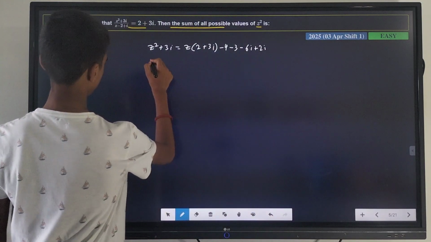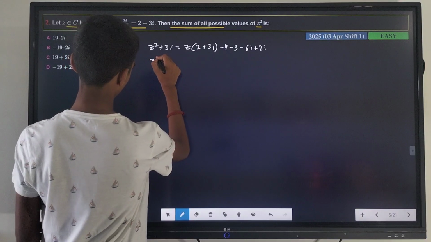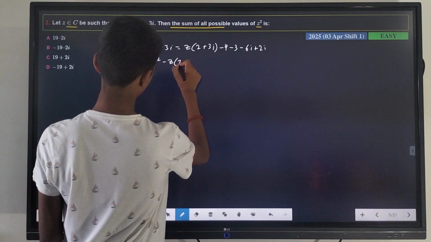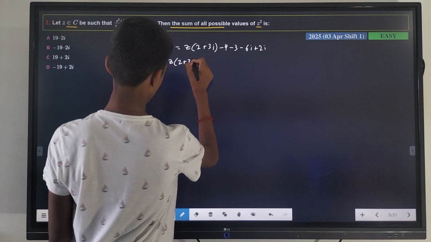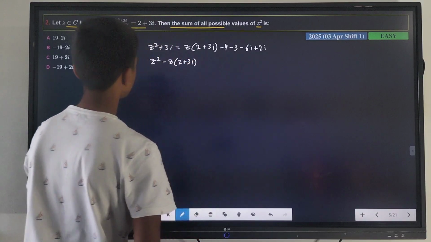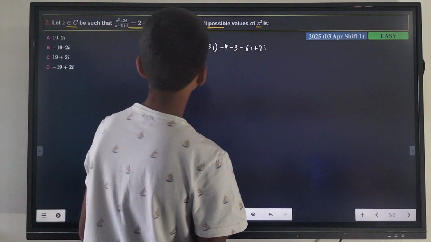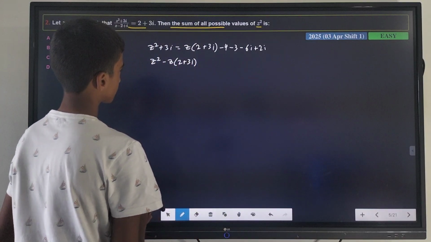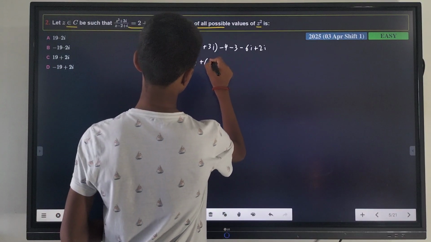So from here this will be z square minus z into 2 plus 3 iota, and then we will get plus 7.